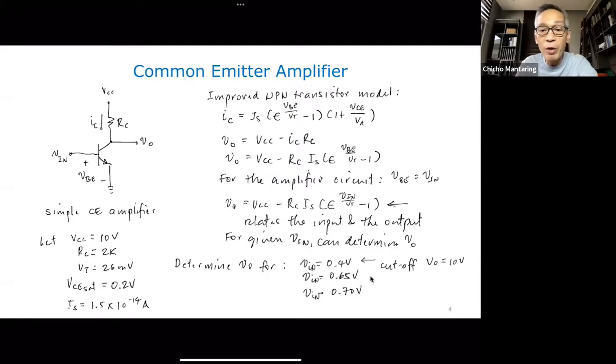Okay. What about at 0.65? So please make the computation for 0.65. Okay, I'm getting some answers now. Okay, good, halos pare-pareho kayong lahat. So at 0.65, my VO is equal to about 7.84 volts.